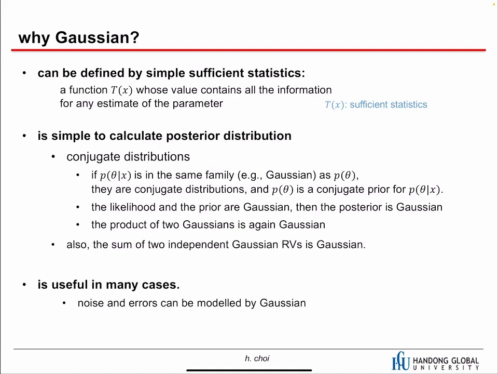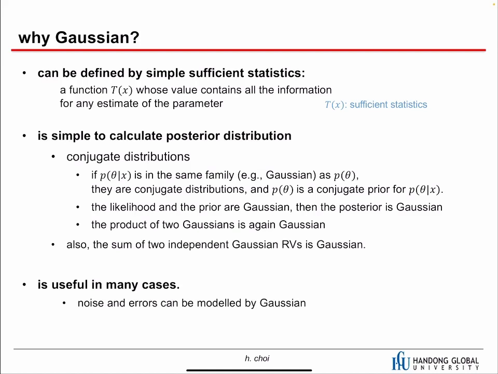And the second one is that Gaussian is simple to calculate posterior distribution. To understand this, we need to understand the concept of conjugate distributions.